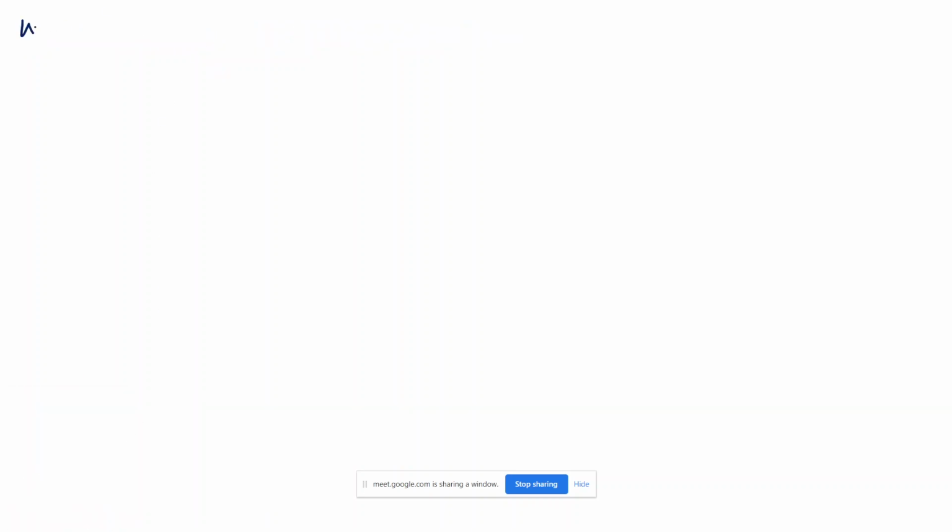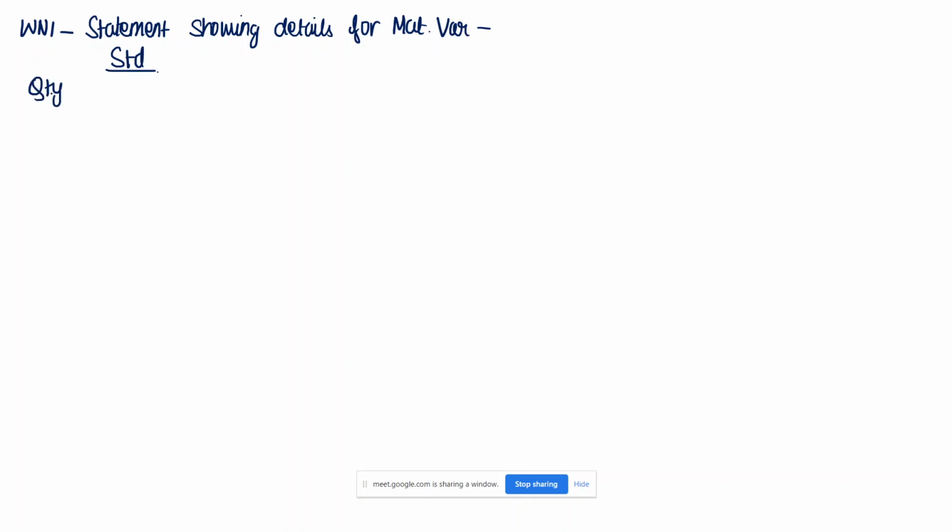Okay, we'll make the table. So, working note 1, statement showing details for material variances. So, we have standard: quantity, rate, amount.